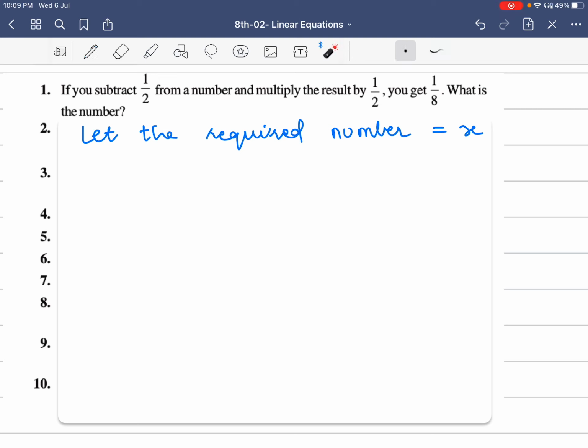If you subtract half from the number, and multiply the result, so this is the whole result, that will be multiplied by 1 by 2. So I'm going to just put a bracket here, and if you multiply the result by 1 by 2, you get 1 by 8 as our answer.